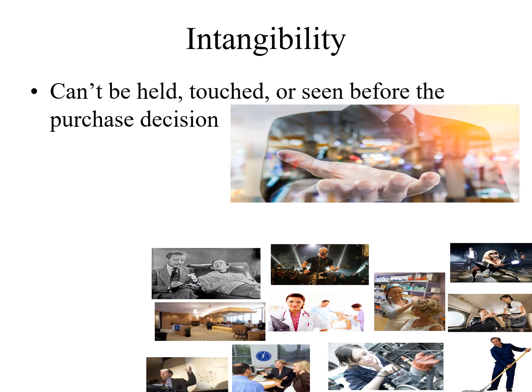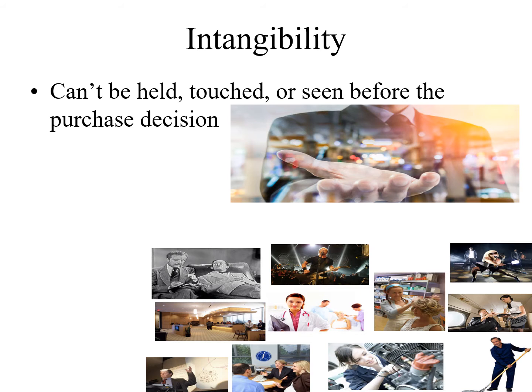If you think about all of these services that we talked about before, for example the psychiatrist, the doctors, the bank tellers, the hairdressers, or the singers, all of these are giving a product to the customer which the customer cannot hold, touch, or see before they have made the purchase. You need to go to a salon for a haircut.